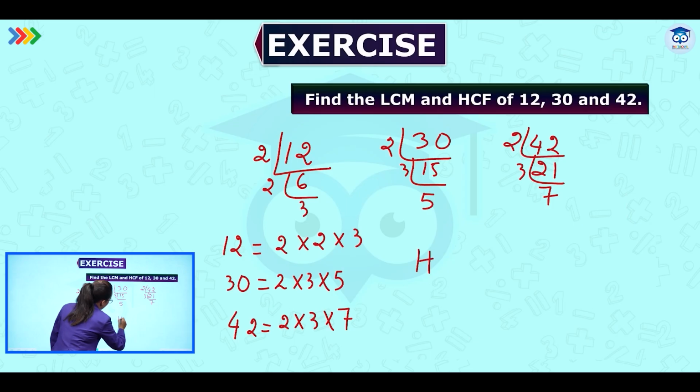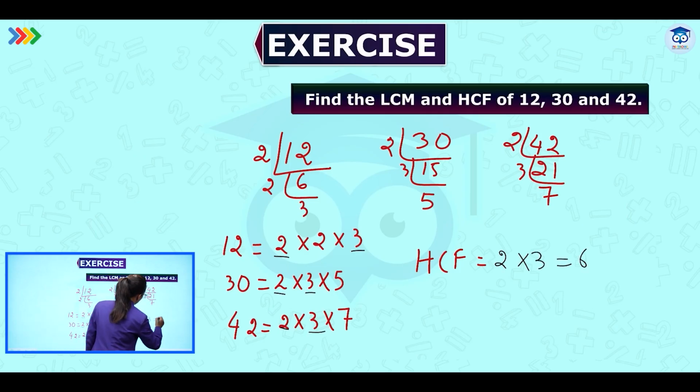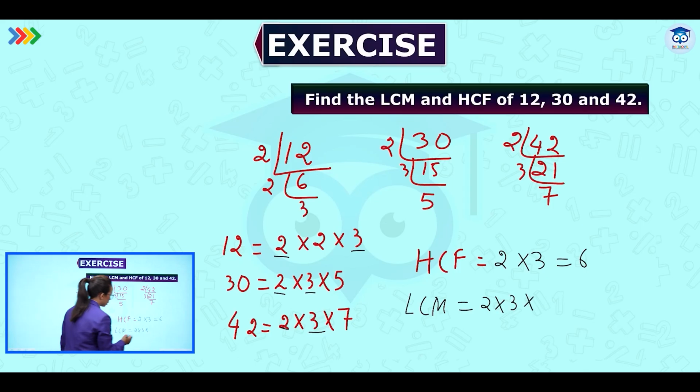Now the HCF is the factor common to all. We have 2 in all three, so we write 2 into, and we have 3 in all three, 3, 3, 3. So the HCF is 6. Now for the LCM, we take 2 and 3, so 2 into 3, and then the remaining numbers 2, 5 and 7.